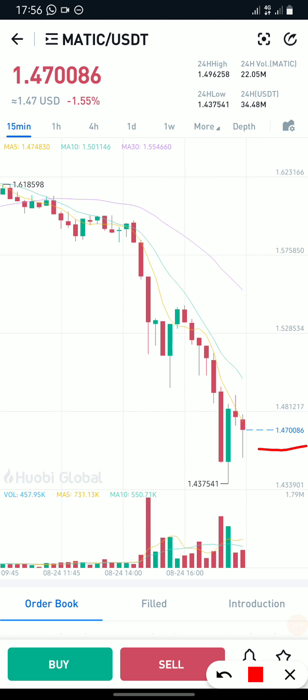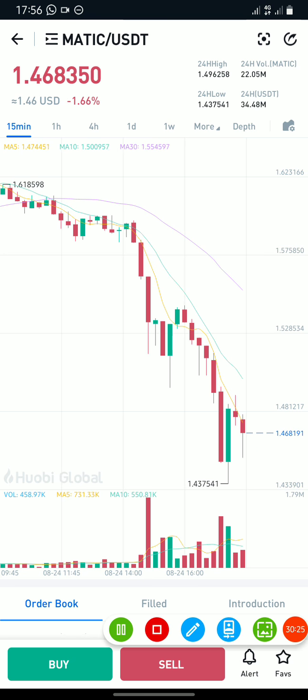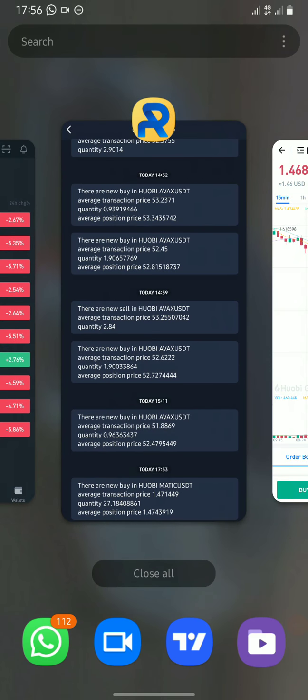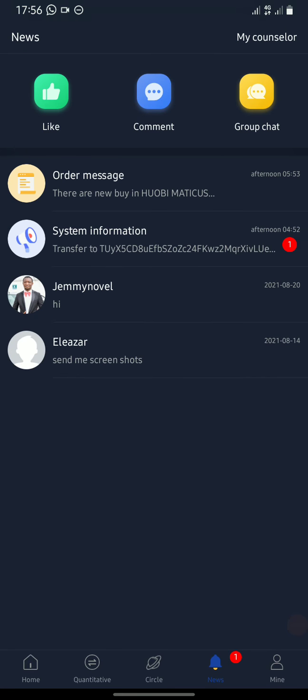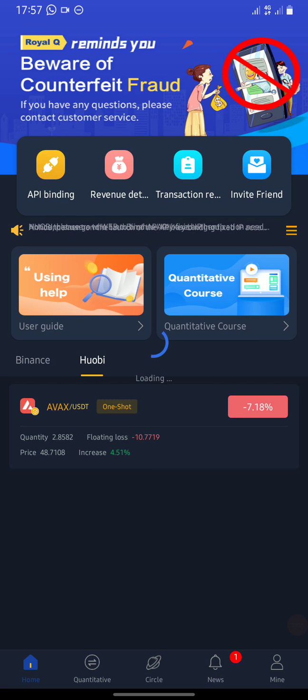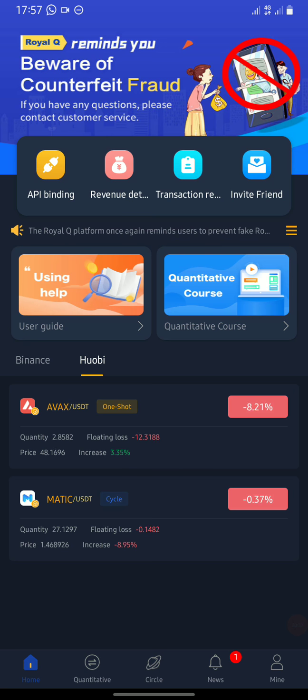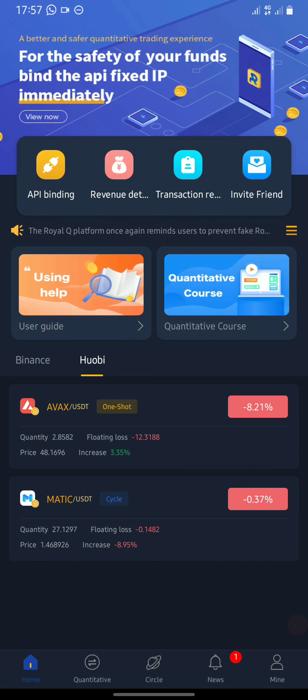So if it moves up like this, it means I'm going to profit, and if it is moving downward like this, it means I'm running on floating loss. But the amazing thing is this robot will not sell this Matic coin at loss. It will never sell at loss. It must always make profit.